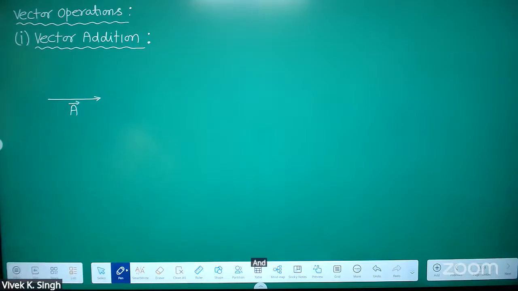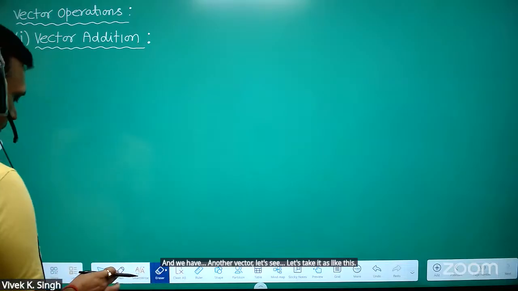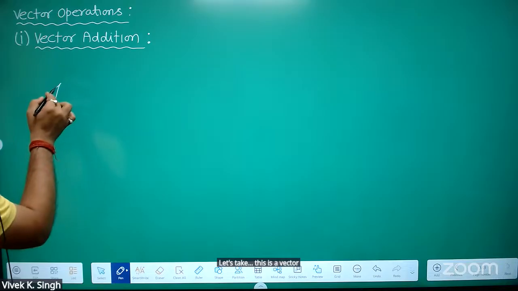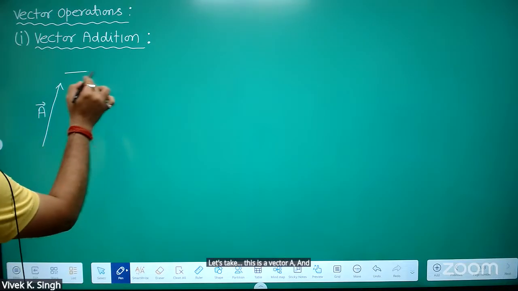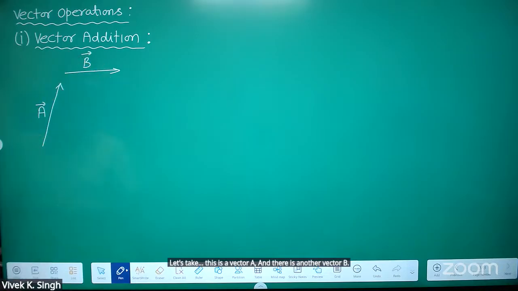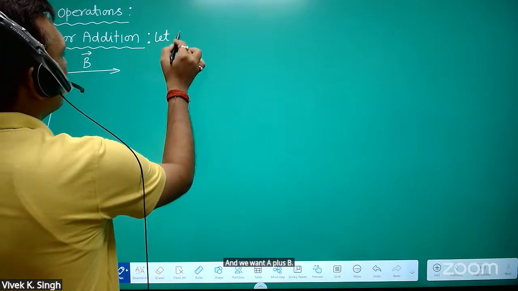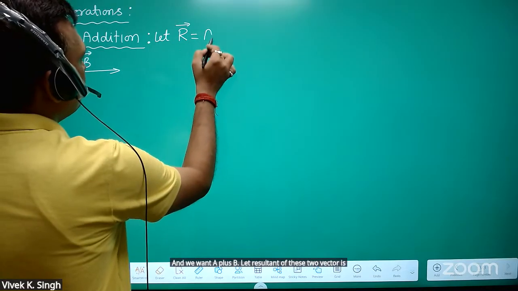And we have another vector B. And we want A plus B. Let the resultant of these 2 vectors be A plus B.